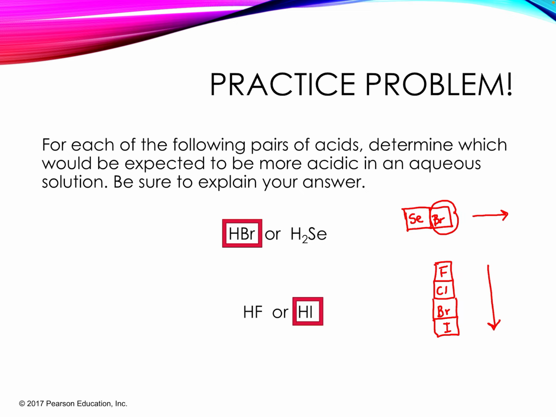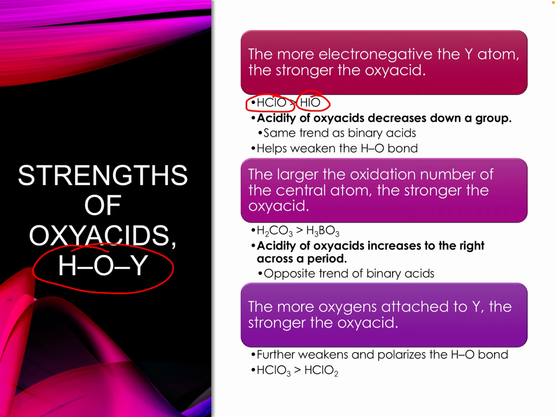Okay, so if we look at these two, the only difference between these is that we've swapped out the chlorine for the iodine. Chlorine is much, much more electronegative than iodine is. And so what happens is, since the chlorine is more electronegative, it's pulling the electron density away from the hydrogen, right? And as we pull the electron density away from the hydrogen, we're making that bond more and more polar, just like we were talking about with our binary acids.